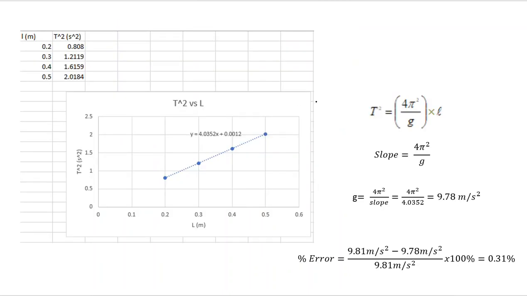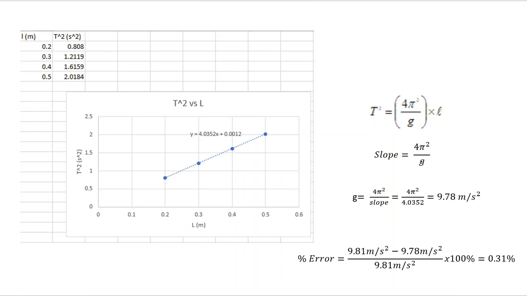I just put my data in Microsoft Excel, and I asked the software to find, in this case, the line that best fits the data points, and the equation of that line. Now, when you analyze the formula that you are using, as you are graphing the square of the period versus length, then the slope of the line is equal to 4 pi squared over g.